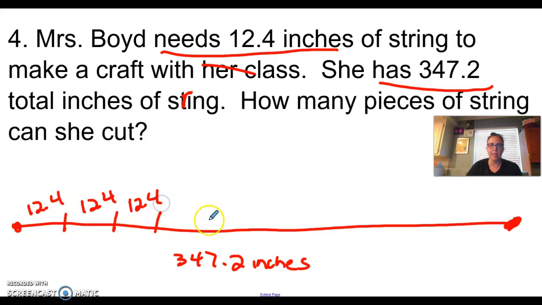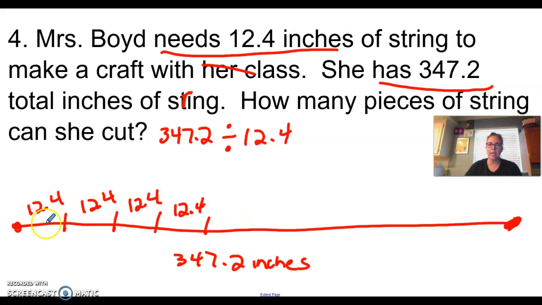So I need to split this string up. Okay, so you're going to divide because you're splitting up. We're going to take this total. You always put the total first. 347.2 divided by 12.4 to see how many, so this would be 1, 2, 3, 4, how many strings can I end up with?